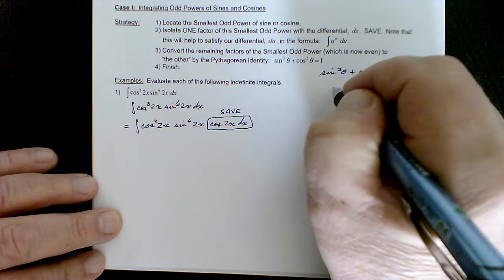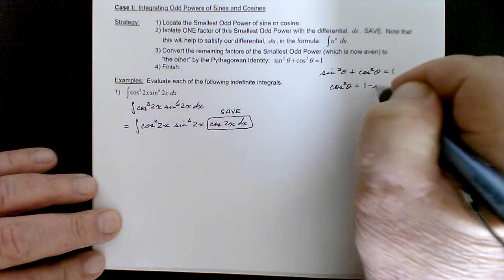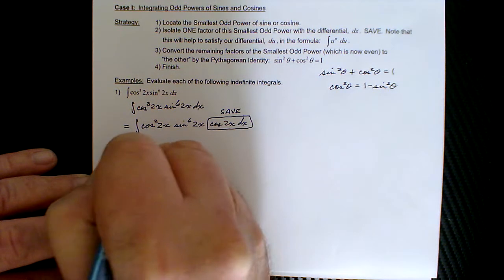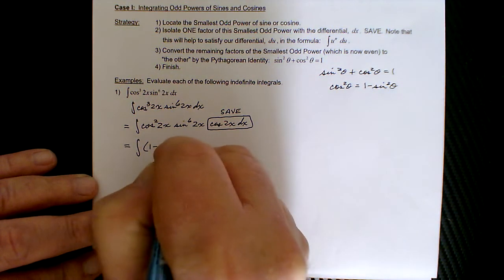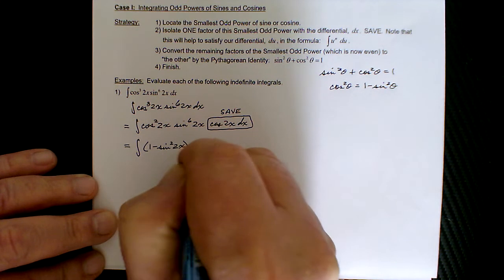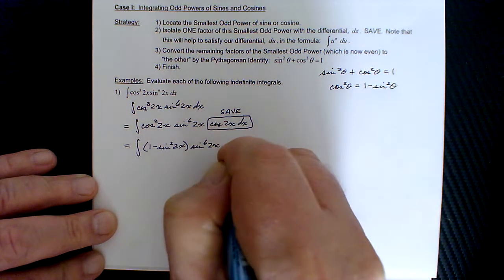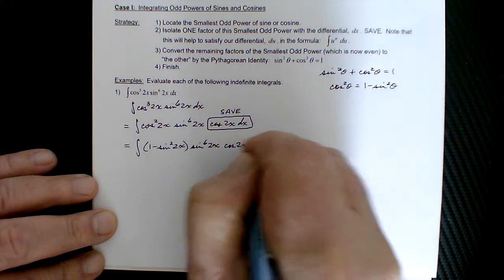So if we want to solve for cosine squared, that'd be 1 minus sine squared. And so we'll replace cosine squared by 1 minus sine squared of 2x. Recopy sine to the 6th of 2x and the cosine 2x dx that we're saving for our du.